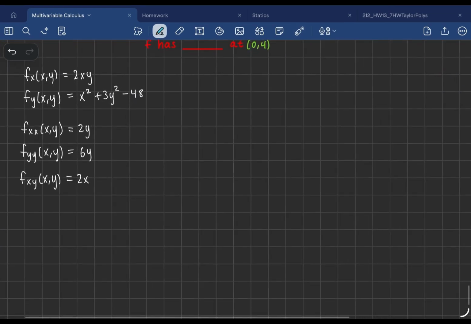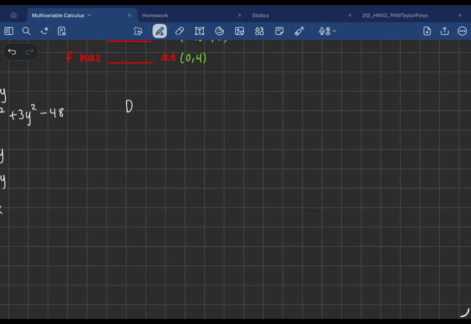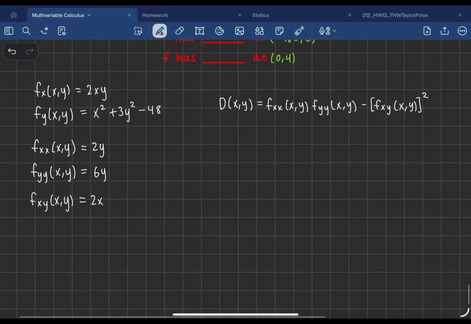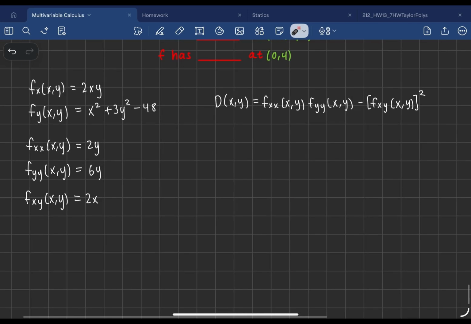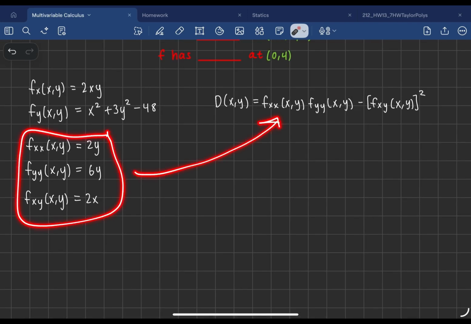Now, in order to test each of these values, we have to use a formula to get the value of the discriminant. And that formula is D of x and y equals f sub xx times f sub yy of x and y minus f sub xy of x and y squared. Okay, now we're just going to plug what we got over here into this formula.